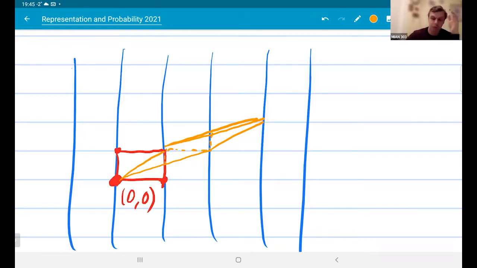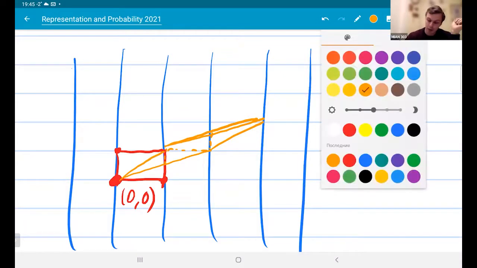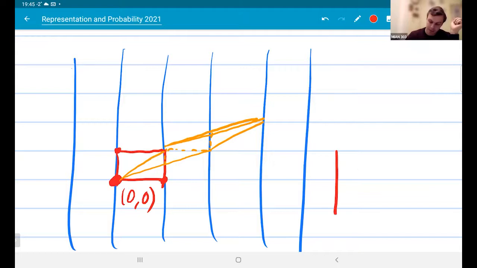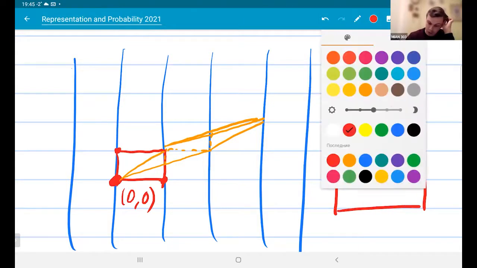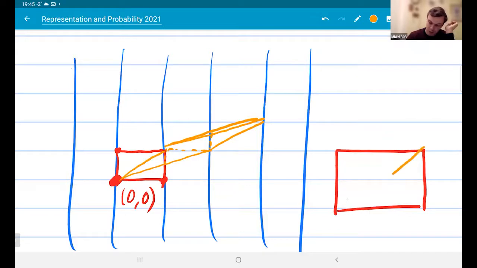So there are 4 elements. You need to shift each of them into this square. Let me try to draw it a bit larger. So we have this element, and this and this. This is A.